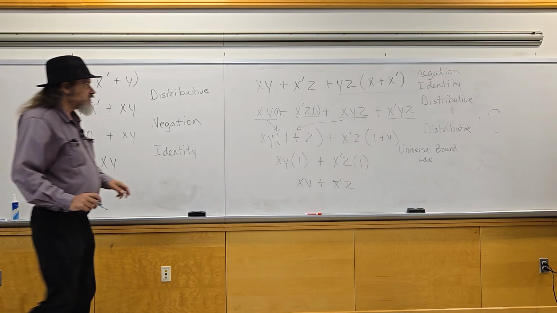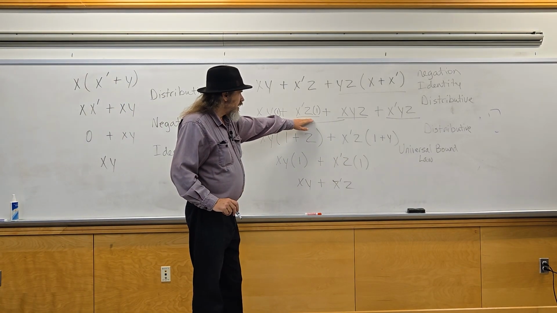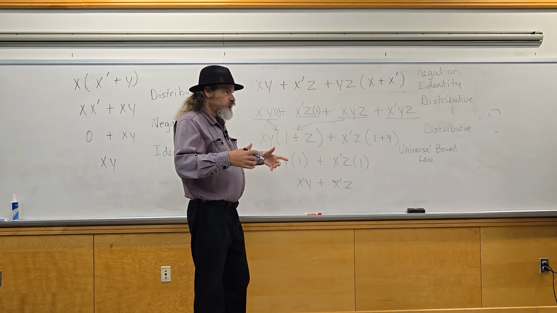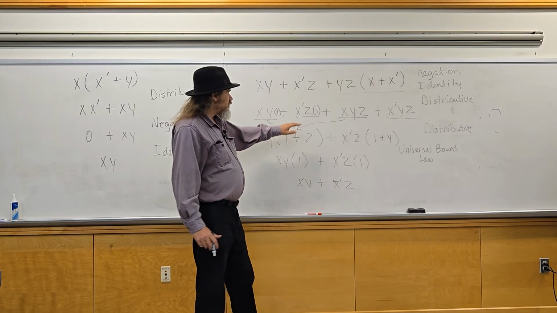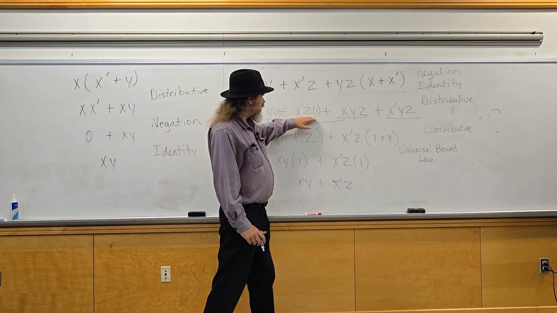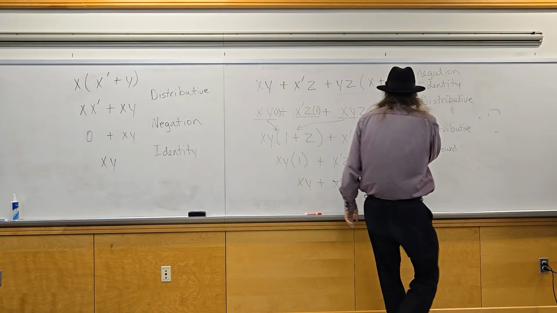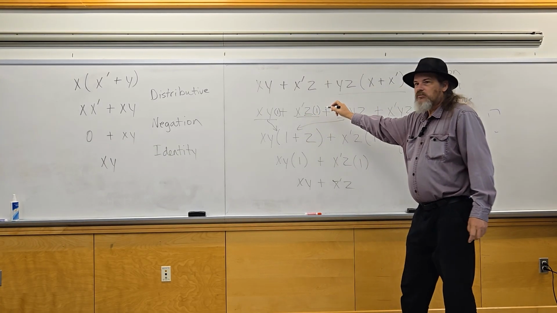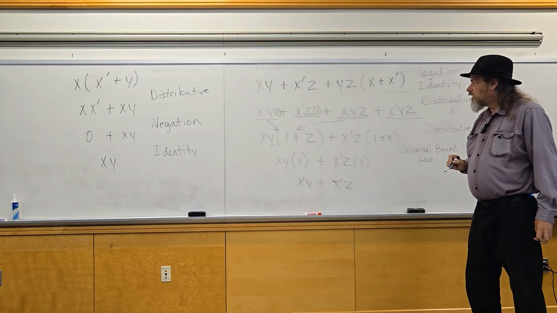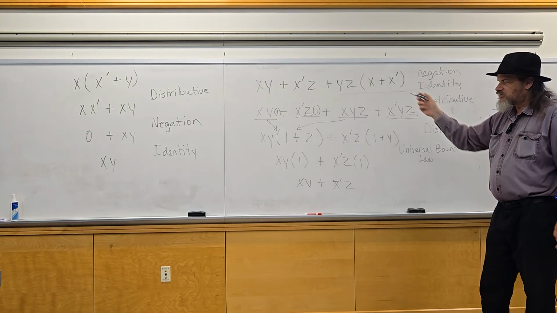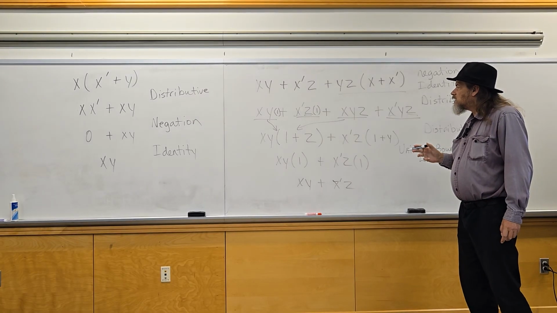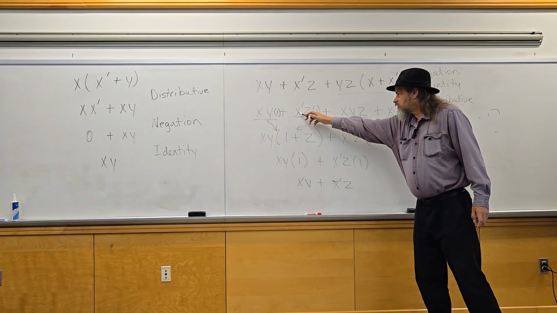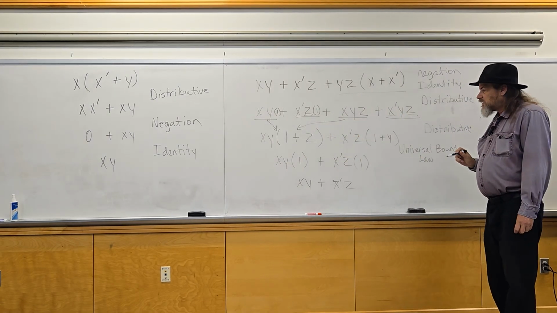Because the two factors both have x prime z. The 1 is taking the place of the y in that term. The common variables in the two terms are x prime and z. All right?